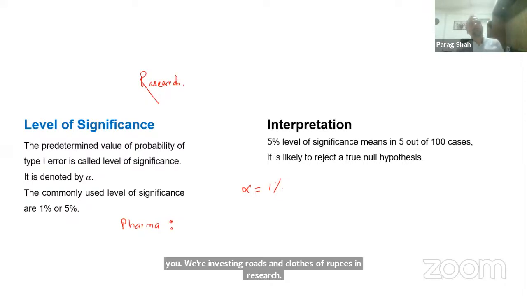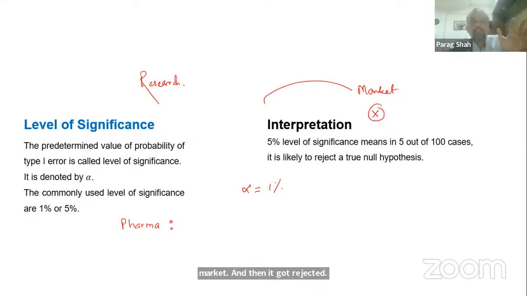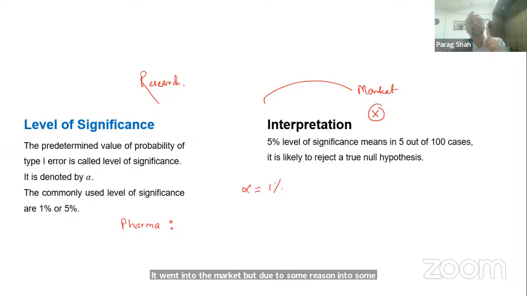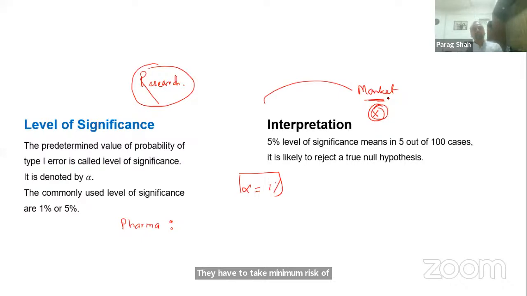So the risk has to be minimum that after it has gone into the market, the drug was good but got rejected due to some quality issue. That is the risk of the pharma company. As the pharma company is investing hugely in research, they have to take minimum risk of rejecting a good drug. So for pharma, alpha has to be minimum.